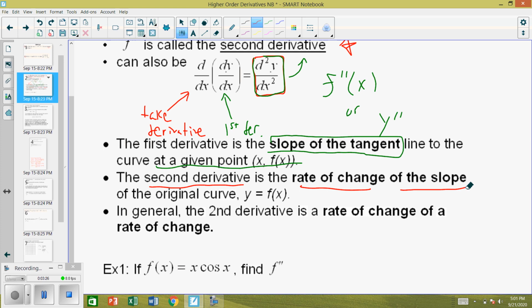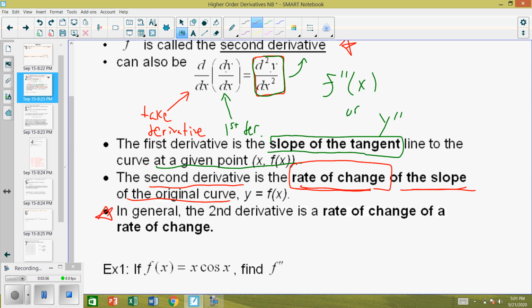Think about this: the derivative is the slope of the tangent line, and that's a function of itself. The derivative of that is the instantaneous rate of change of the derivative, which just means the rate of change of the slope of the original graph. It is the rate at which the rate is changing.